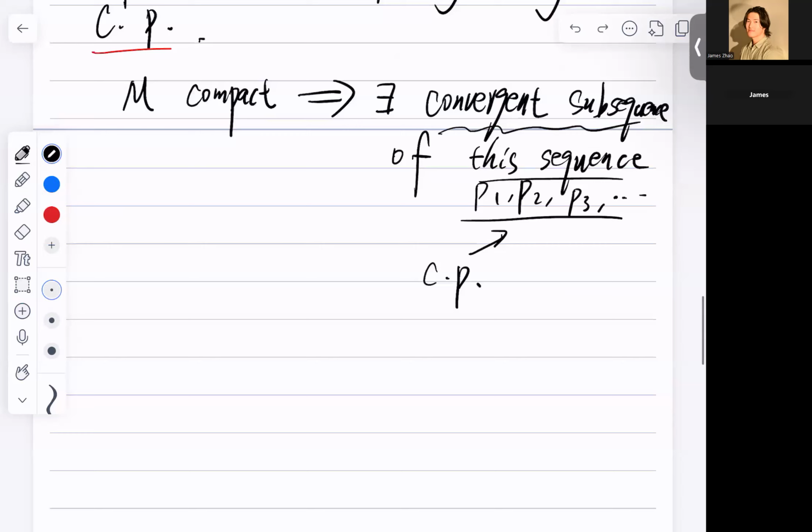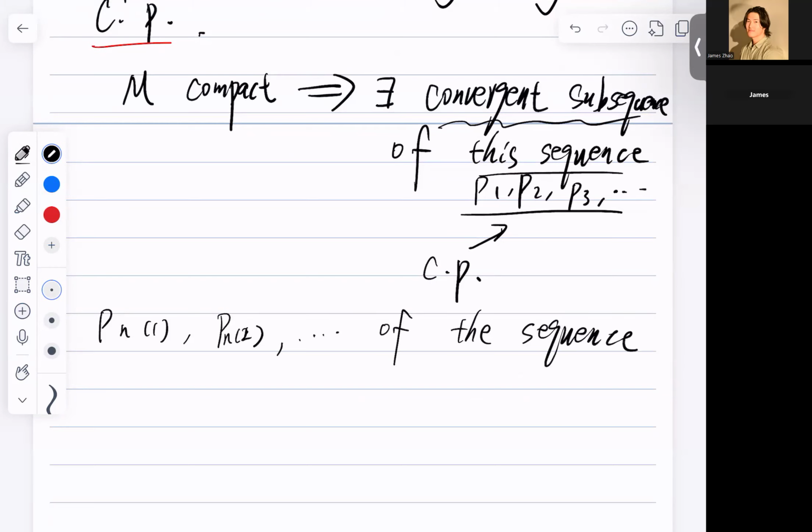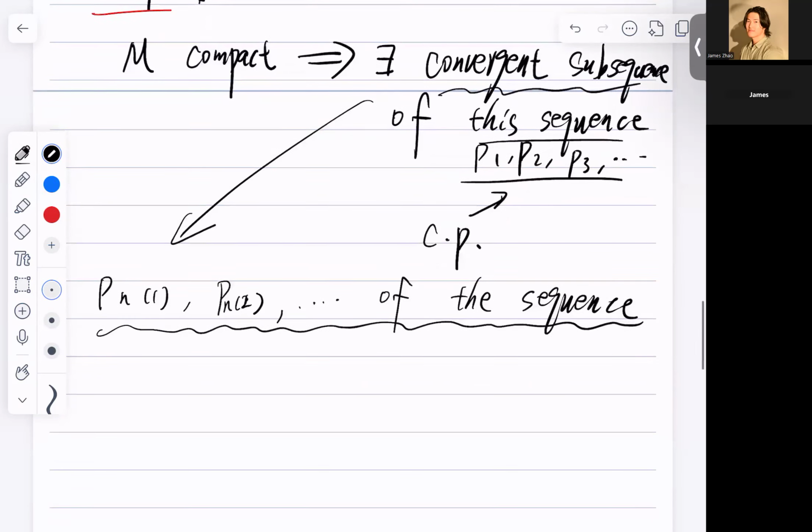Let's denote this convergent subsequence as Pn1, Pn2, and so on, of the sequence. This is the convergent subsequence.